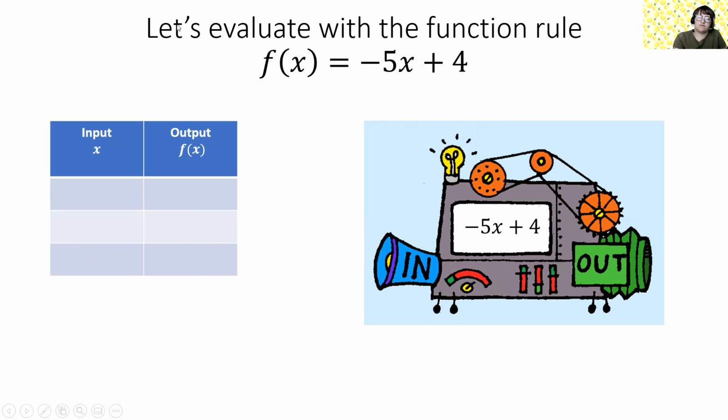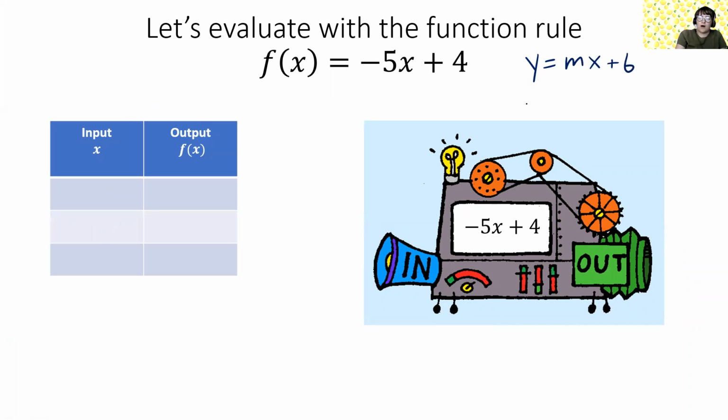So here we have the function rule -5x plus 4. And one thing I want you to notice about this function rule is it looks a lot like the equation of the line. In fact, it is an equation of the line. So y equals mx plus b.